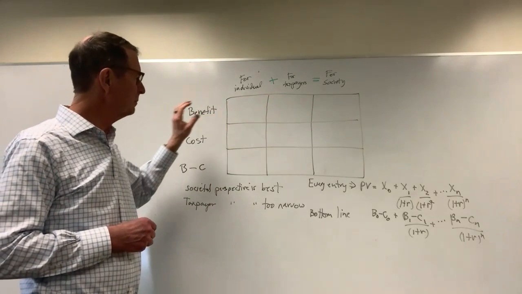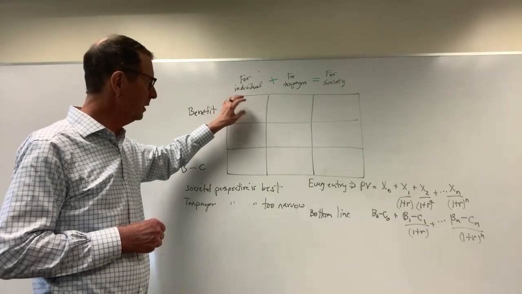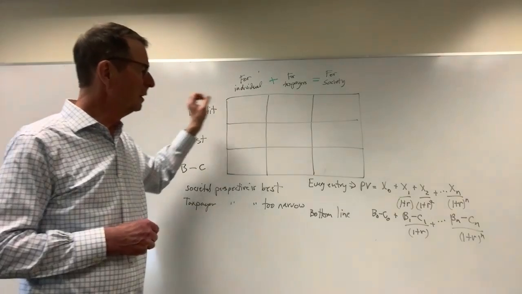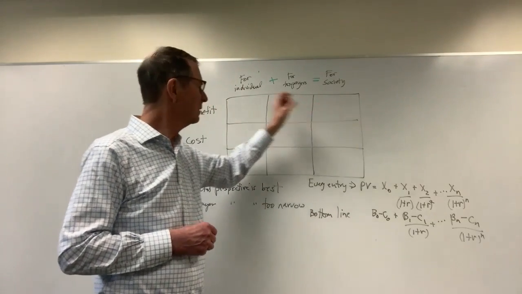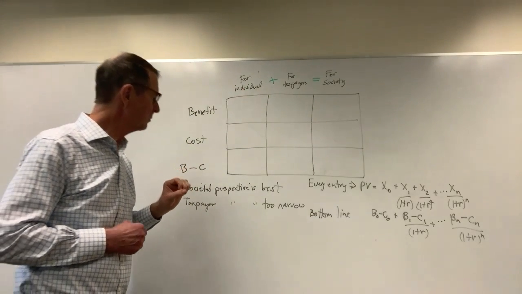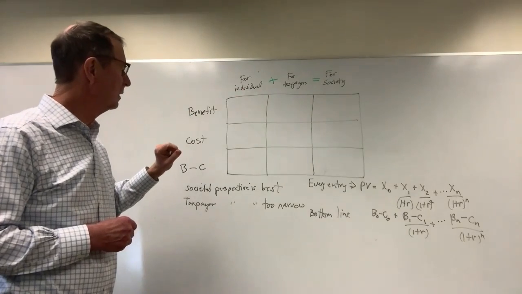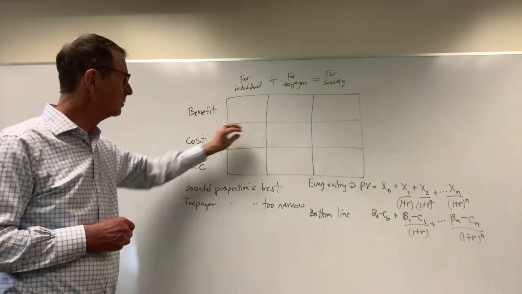But whatever benefits come out of this calculation for the individual and the taxpayer, if you want to know what the total social benefits are going to be, it's going to be the sum of the individual and taxpayer benefits. Similarly with costs. The investment costs we said are going to be incurred by taxpayers.